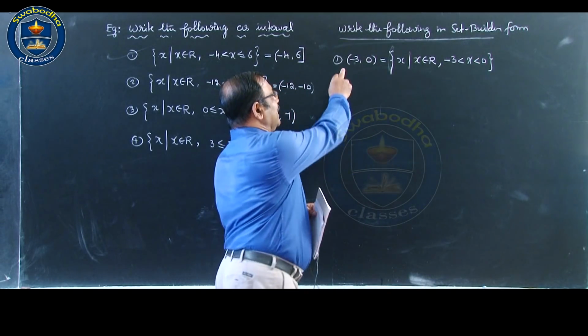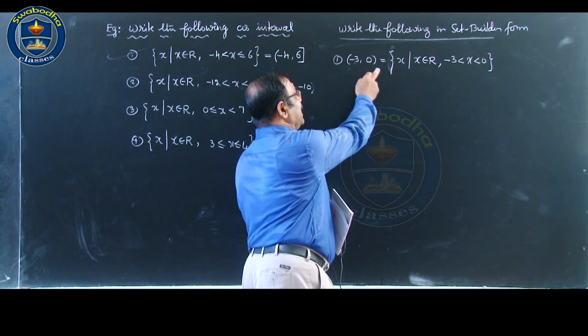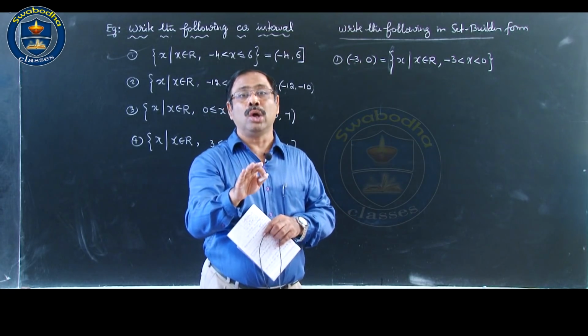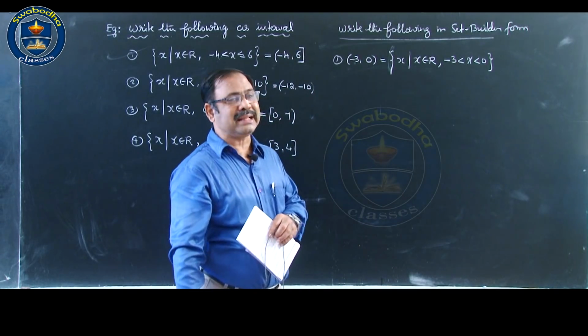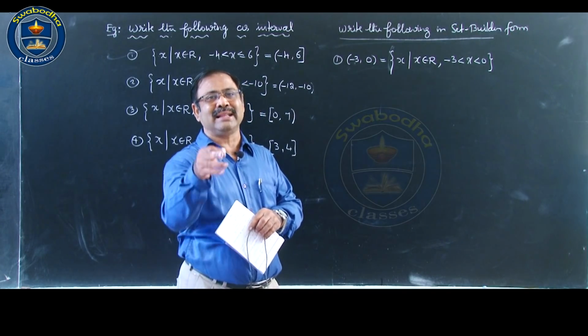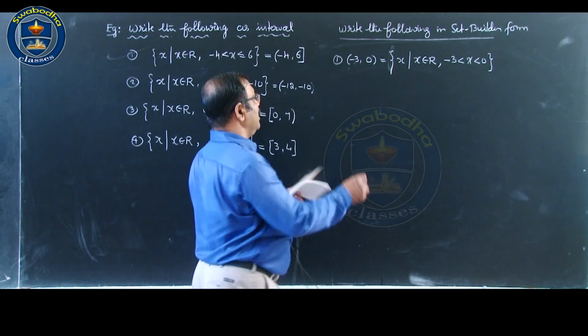What is that? (-3, 0), this is open. Open means what? -3 and 0 both are not included. That is why it is strictly greater than -3 and strictly less than 0. Strict means there is no equality. That is why I am using the word strictly.